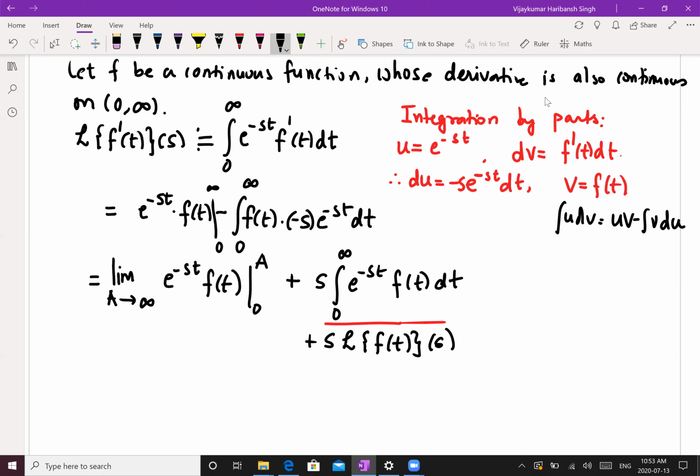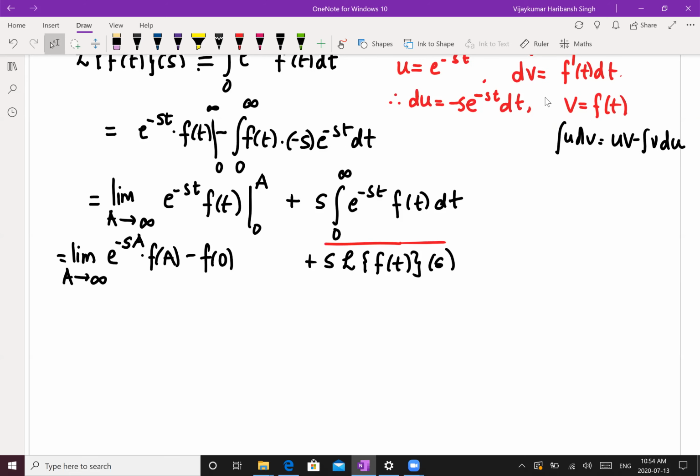Now what about this one here? If you write it, limit as a goes to infinity, e to the power minus sa f of a, minus f of 0.